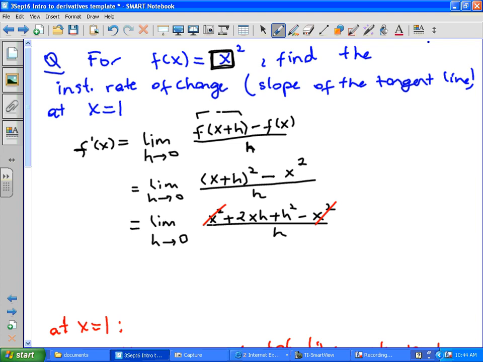I have 0 over 0. Well, how can I simplify it further? Yes, Daniel? Exactly. Let's pull it out. Let's factor out an h.